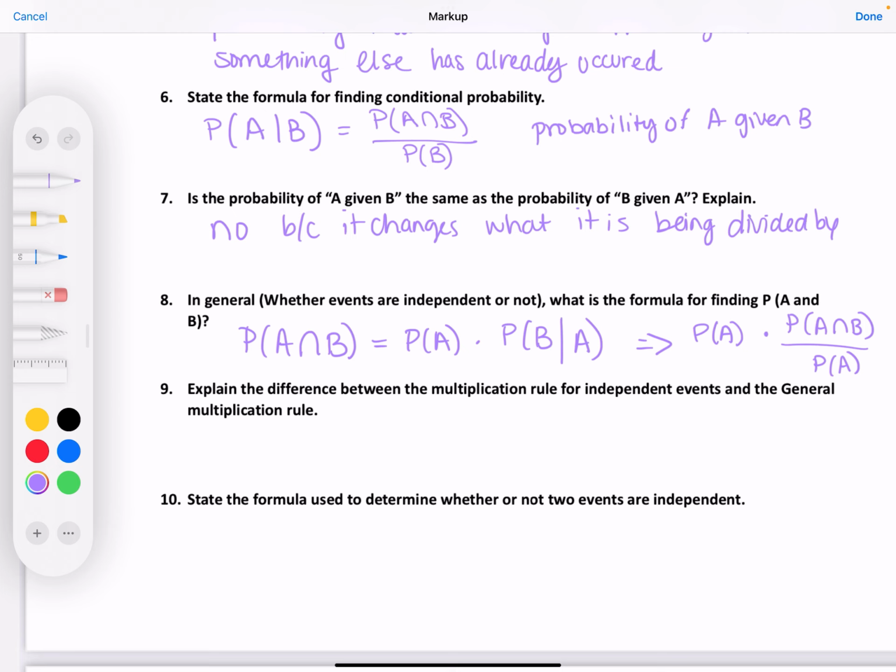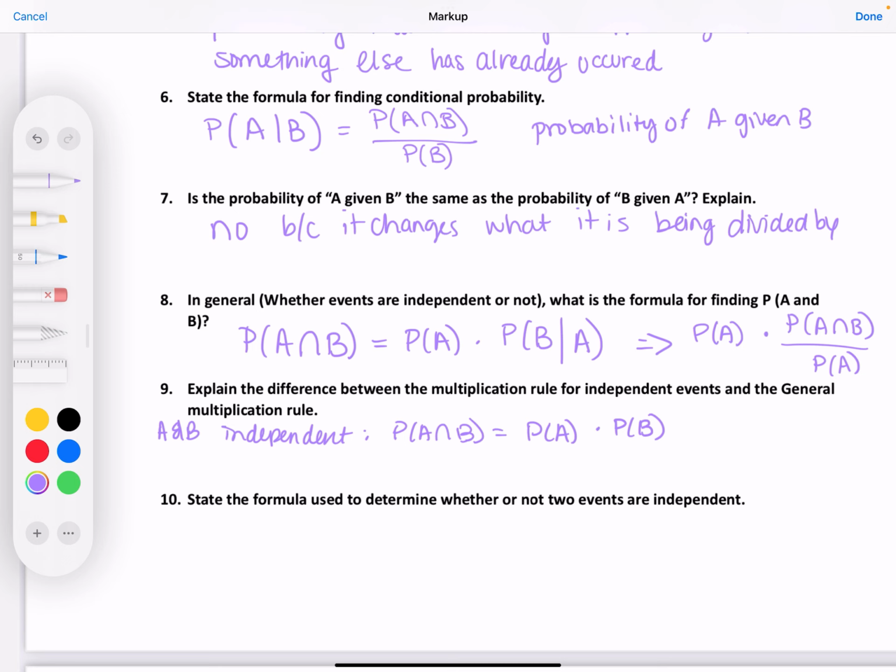Explain the difference between the multiplication rule for independent events and the general multiplication rule. So, if A and B are independent, then the probability of A intersect B is equal to the probability of A times the probability of B. But you have to know already that they're independent.